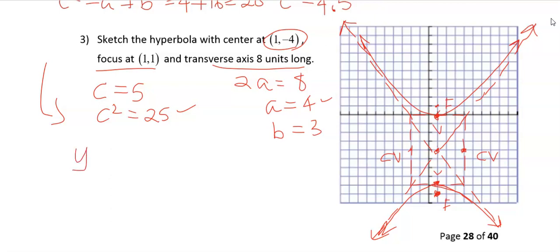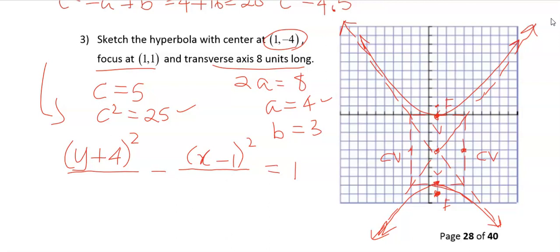So your equation is going to start with y plus 4 squared over something, and it's going to be the positive term. Then you're going to have your minus, and then x minus 1 squared. Don't forget the squareds. And you know it's going to equal 1.